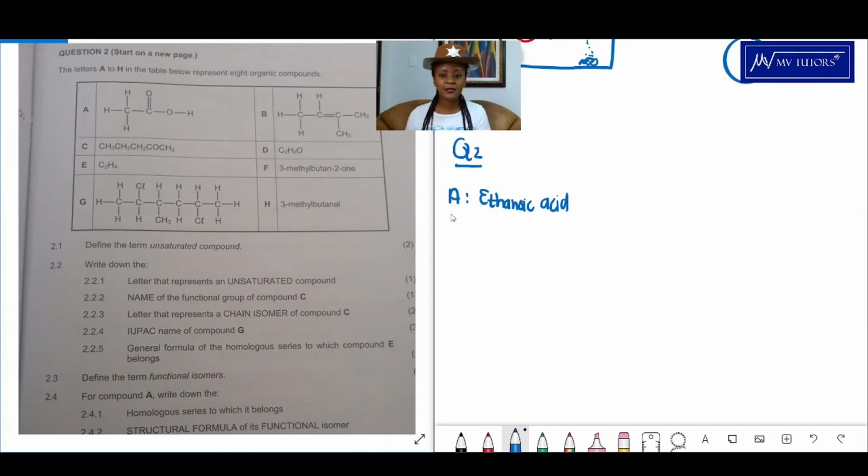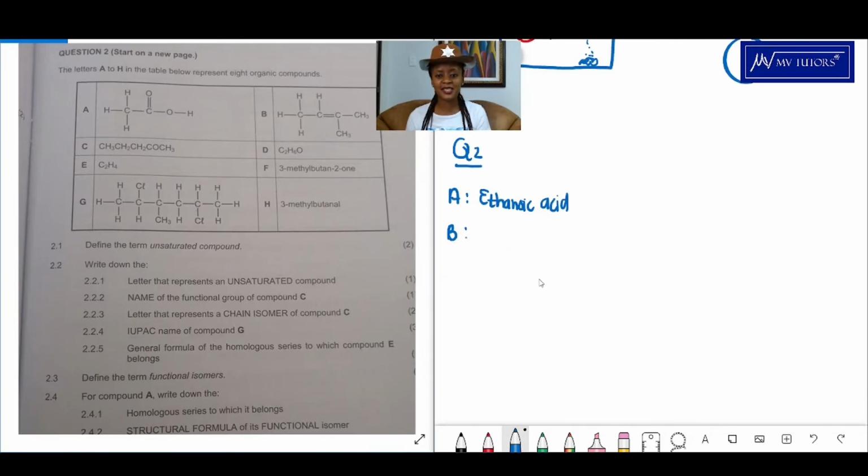Okay, and then for B, what do we have? All right, so I see we have 1, 2, 3, 4, or 1, 2, 3, 4. Okay, fine. So we definitely have an alkene. And the second carbon, we have a methyl group. Okay, so yeah, 1, 2. So it will be 2 methyl.